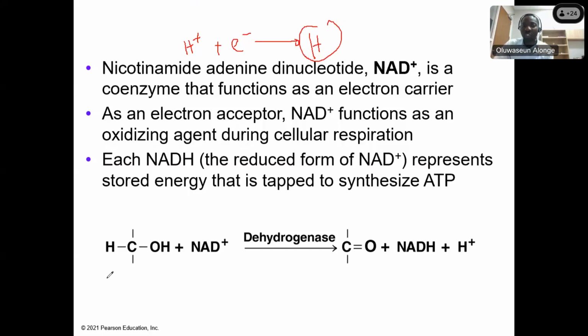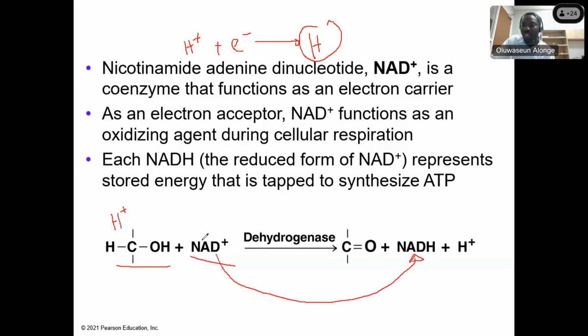So now look at what is going to happen here. In this case now, for instance, electron is going to be lost here in this reaction. And NAD plus is there to accept the electron. What's going to happen? The electron that dissociates here is actually going to form H. And you see that at the end point here, when we say NAD plus accepts electron, it will accept electron.